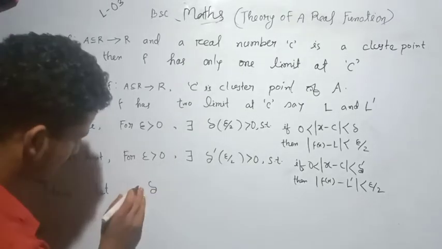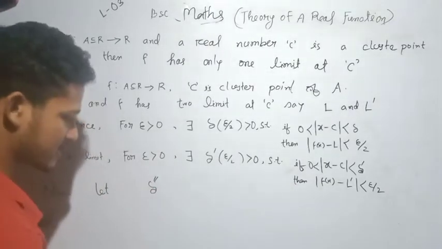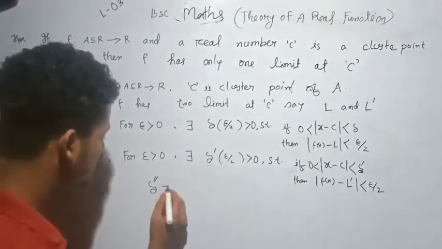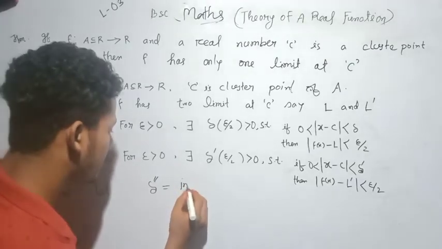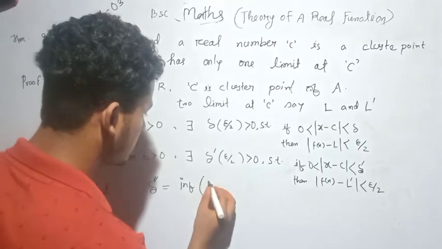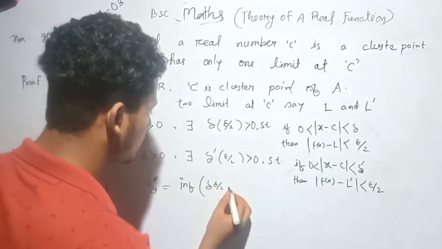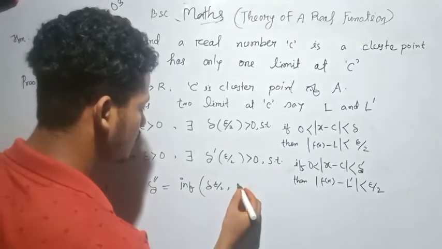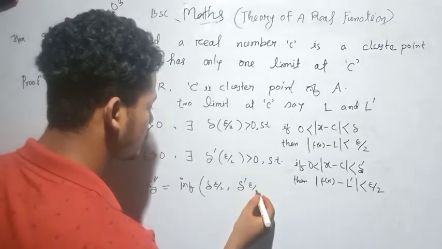You can take delta double dash. Let delta double dash be equal to the infimum of delta of epsilon by 2 comma delta dash of epsilon by 2.